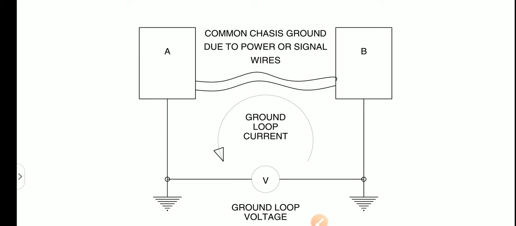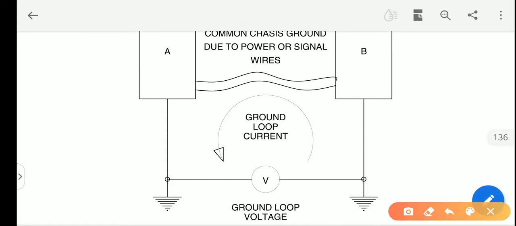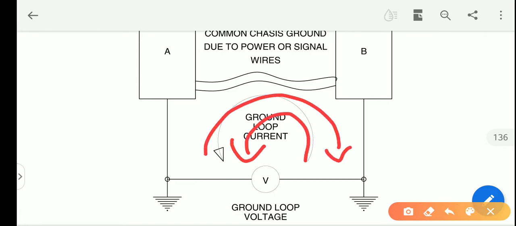So there might be a possibility that point A and point B have a potential difference. It means there is some grounding leakage at point B. So what will happen? Current might flow from either A to B or B to A, as per the potential.